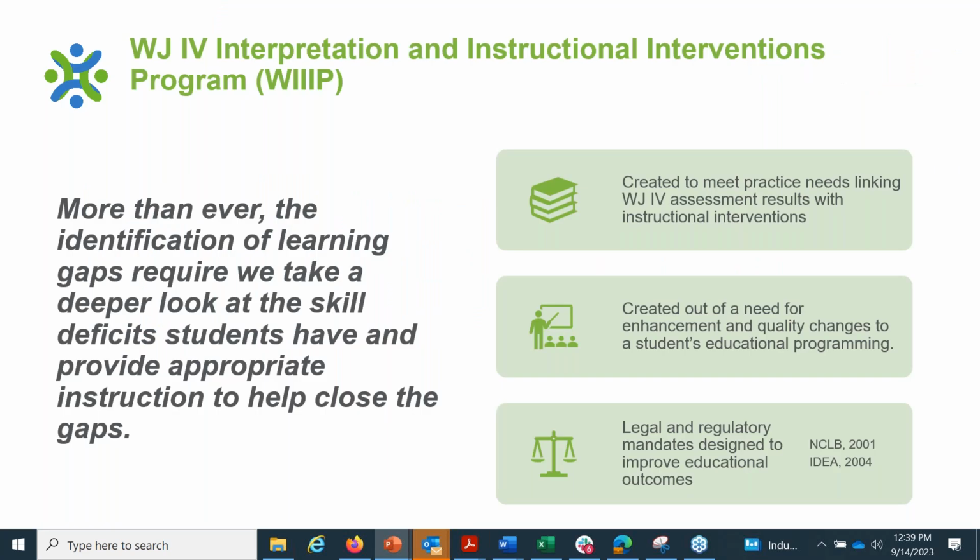It is an add-on program that can be purchased that provides you access to checklists for parents and teachers and students. There's an observational checklist, but it also includes instructional interventions.